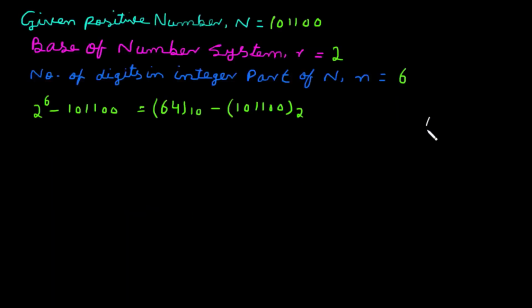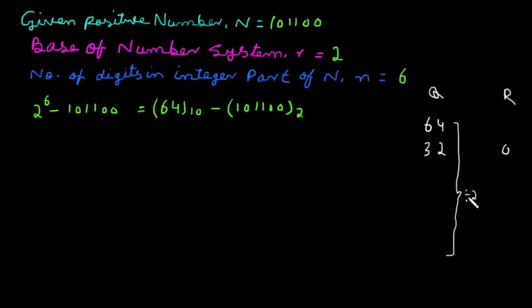To do so, let me take some rough space. I will divide this by 2 as I have to convert it to binary. So this is the quotient and here I will write the remainder. When 64 is divided by 2, I will get 32, remainder 0.